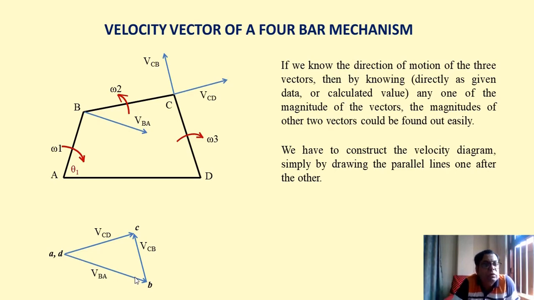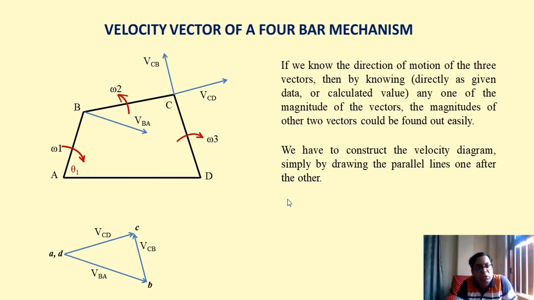Now how do we know the magnitude of this particular length? Suppose the omega value is given as 2 radian per second, and suppose this length AB is known, for example, it is 5 meter.